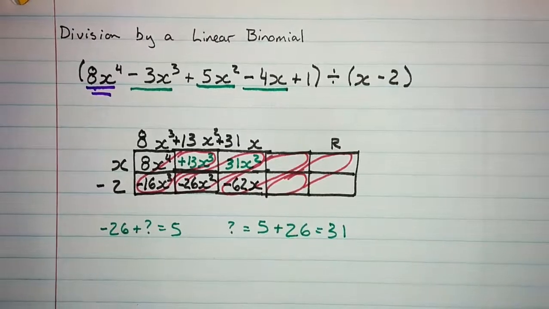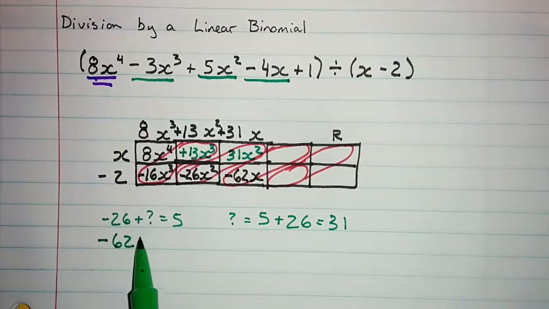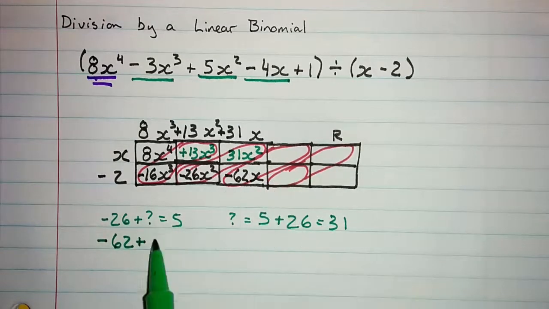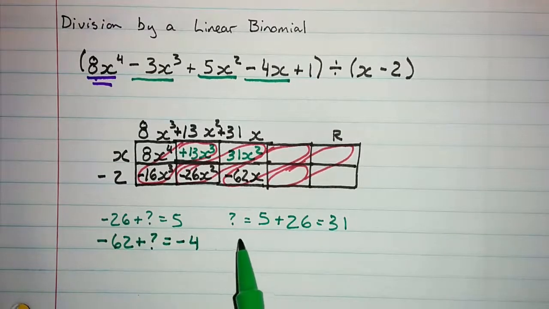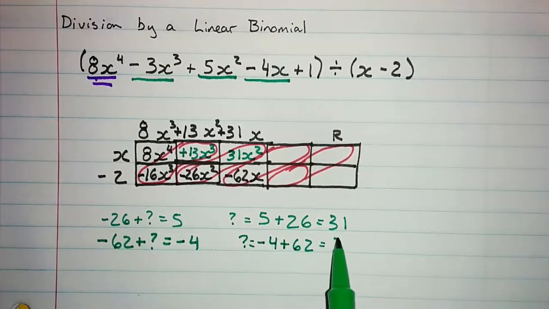And now again, my negative 62x plus whatever goes here has to give me negative 4x. What goes here is going to have to be negative 4 plus 62, so 58.